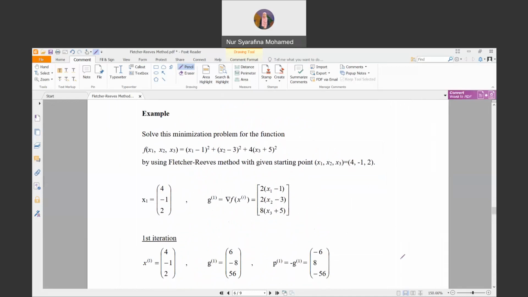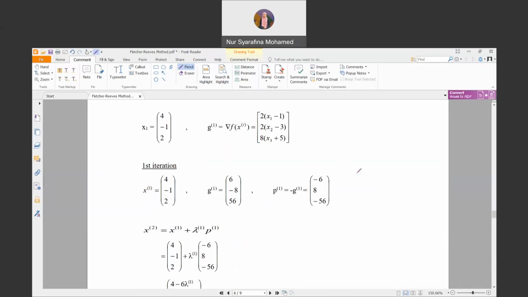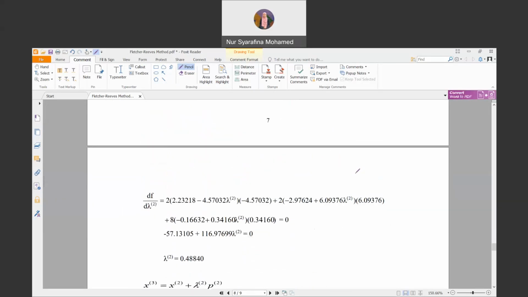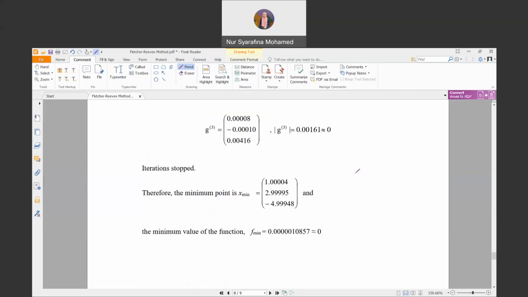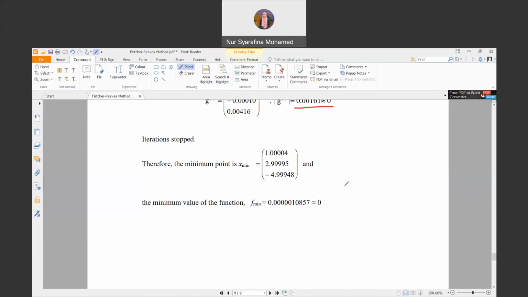Okay, so the starting point is given. And the epsilon here is given approaching 0. Usually the epsilon value is given in the question, so don't worry.